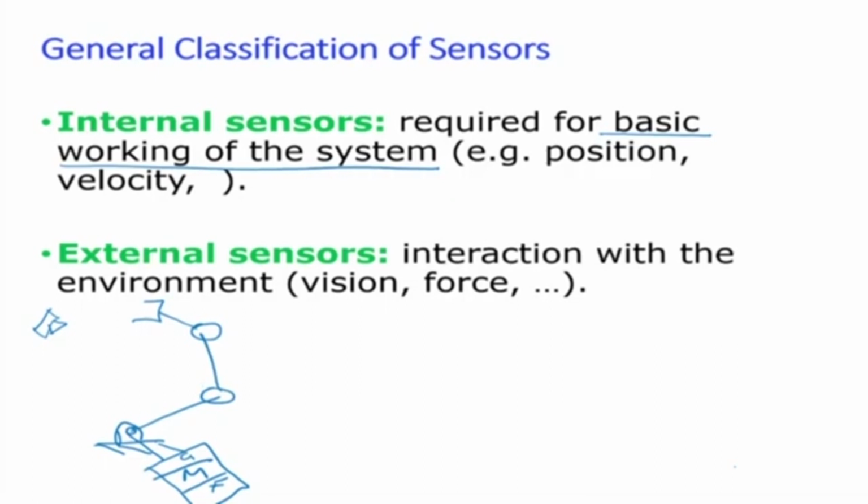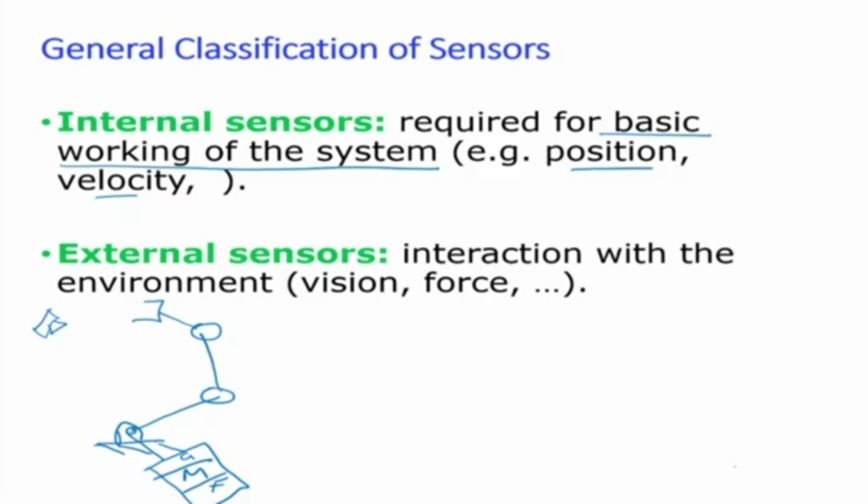Otherwise, the robot will never know where the link positions are. Without those link positions, it cannot move, and the controller cannot function. So sensors required for the internal working of the system, like position sensors, velocity sensors, acceleration sensors, are called internal sensors. Without the internal sensors, the robot cannot function. If the internal sensor breaks down, the robot cannot function.